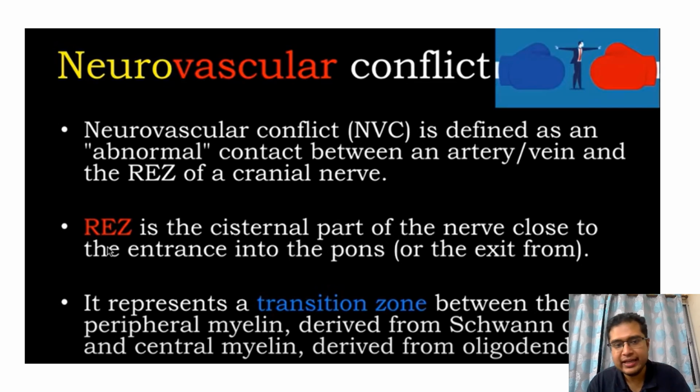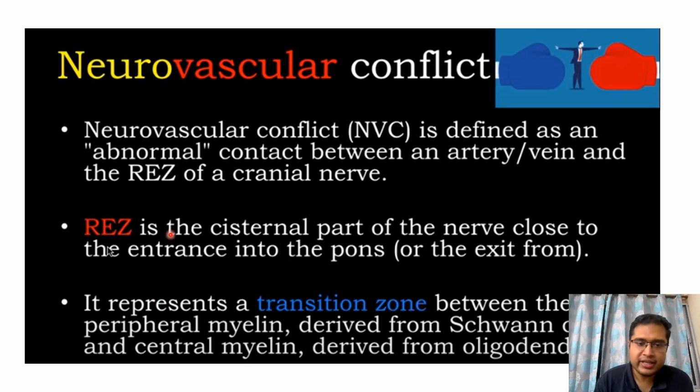So what exactly is this root entry or exit zone of a cranial nerve? This is a very important concept that I wanted to discuss in this particular session. The root entry or exit zone of a cranial nerve is a very important zone which contains a transition zone within it.